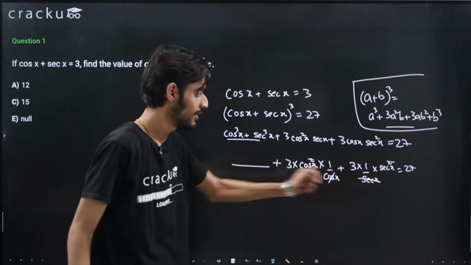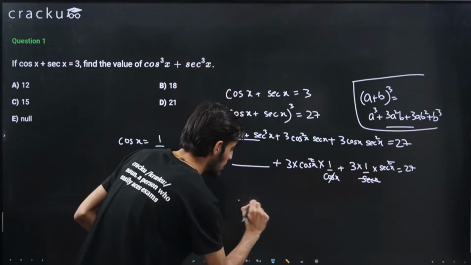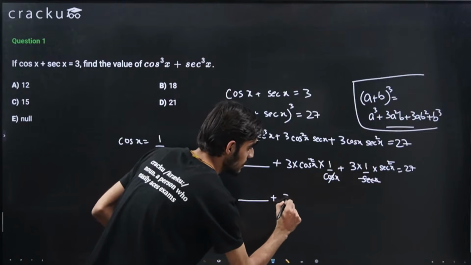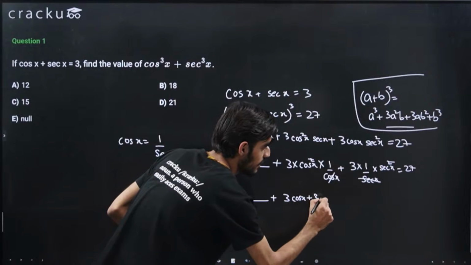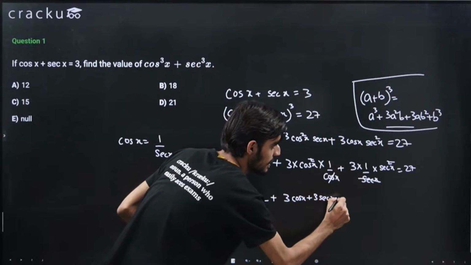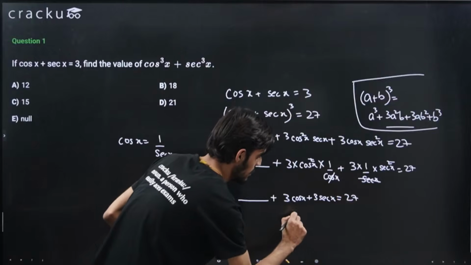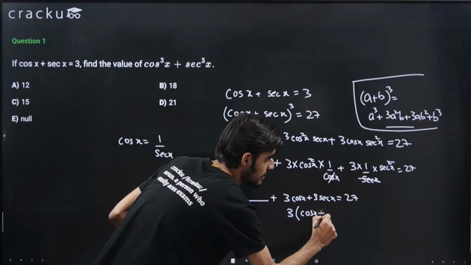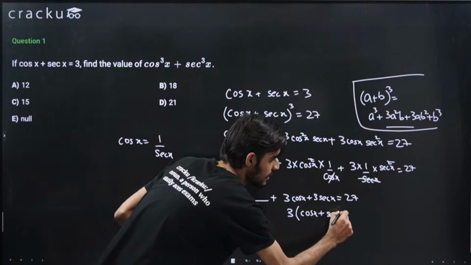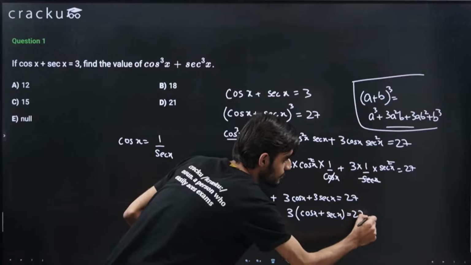Only one power will be left. So this value we need to calculate, plus 3 cos x plus 3 sec x, that is equal to 27. So we can just take 3 common. This is equal to cos x plus sec x, that is equal to 27.